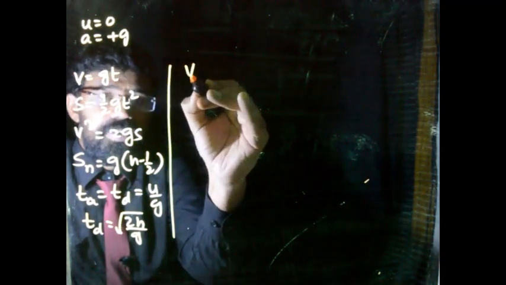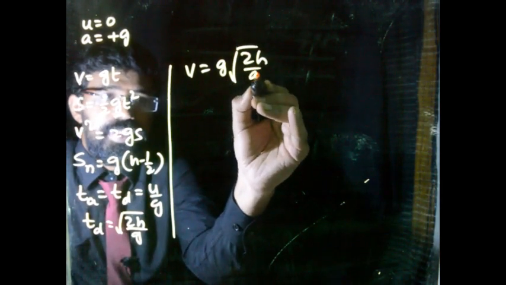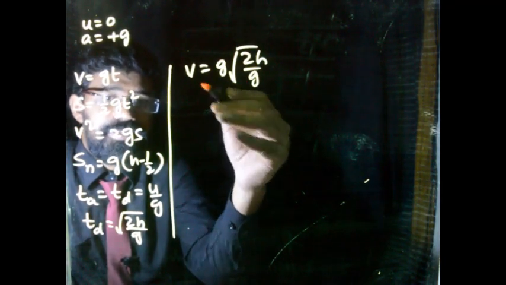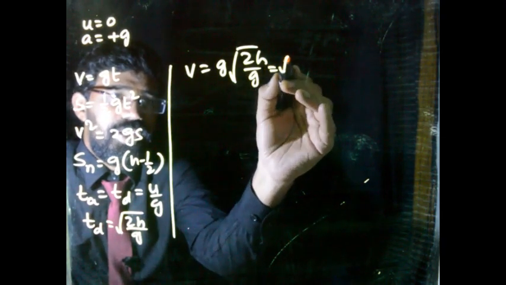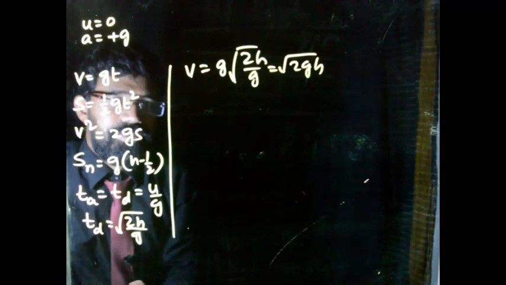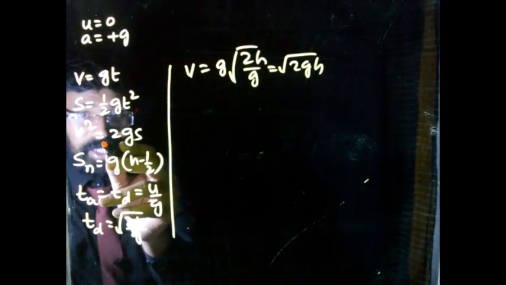Okay, so let us replace. So final velocity acquired will be g into under root 2h by g. If this g is taken into the root, what happens? g square, g gets cancelled, you will have under root 2gh. So that is the final velocity acquired by the body. The same thing can be written from here also.